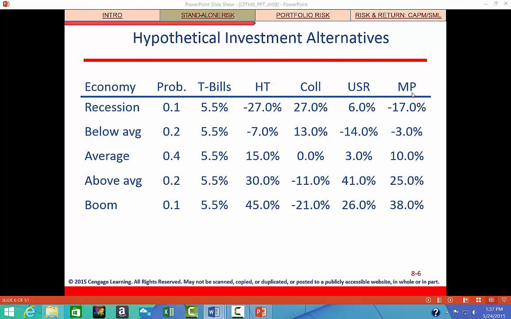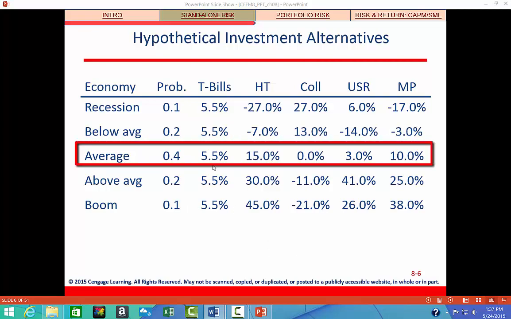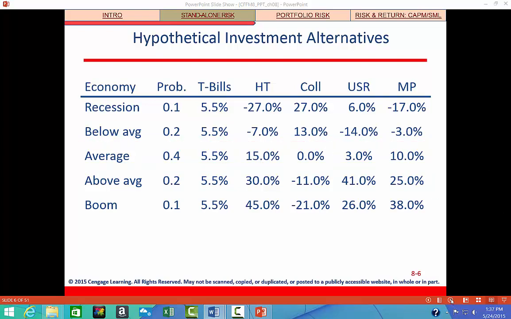And then MP is for the market portfolio. So you see what their expected returns are in each of these states of the economy. So if we have an average state of the economy, we expect this line of returns. We're going to use this data all throughout the next several slides.